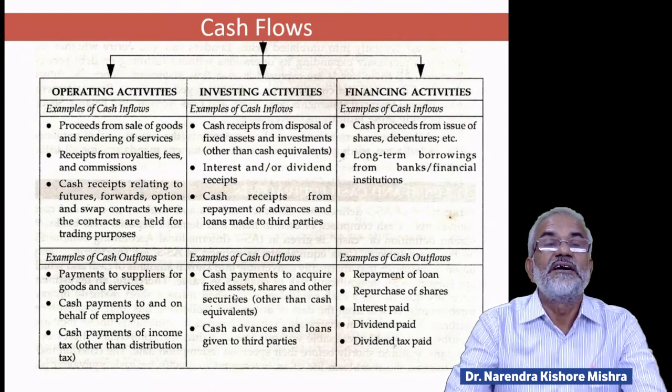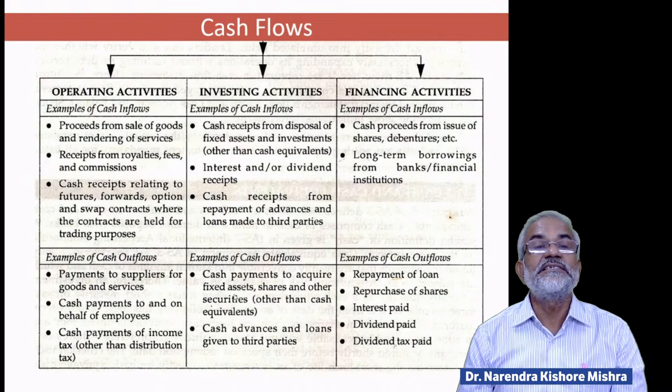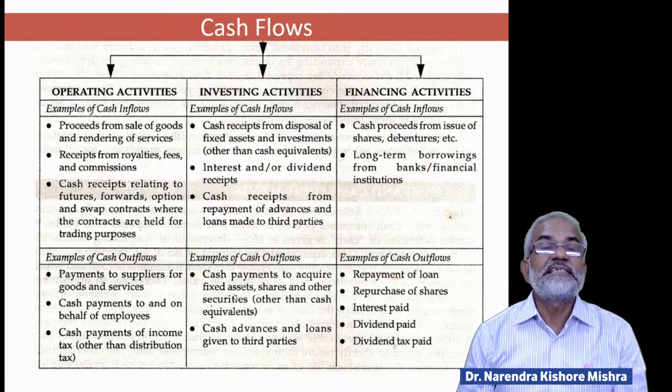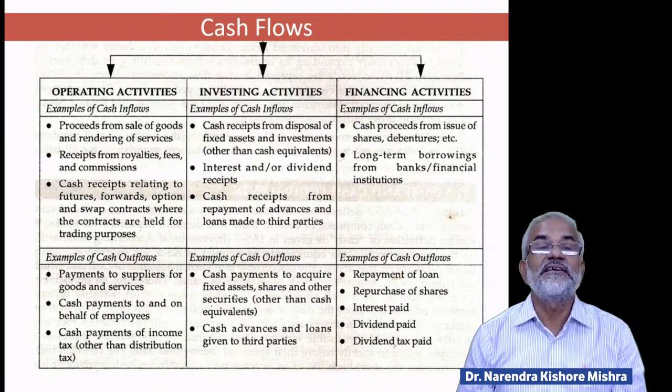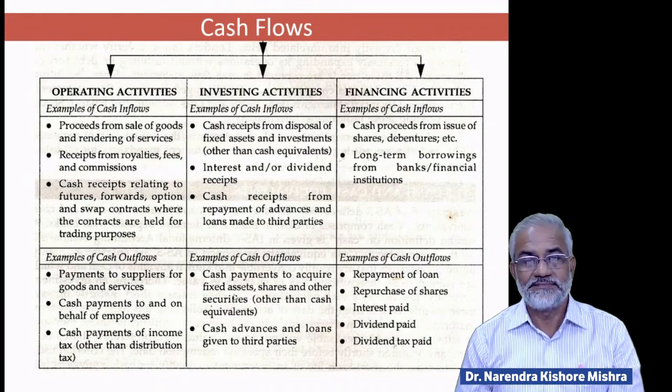Operating activities, examples of cash inflows in case of operating activities, are proceeds from the sale of goods and rendering of services, receipts from royalties, fees and commissions, and cash receipts relating to futures, forwards, options and swap contracts held for trading purposes. These are the operating activities which result in inflow of cash.